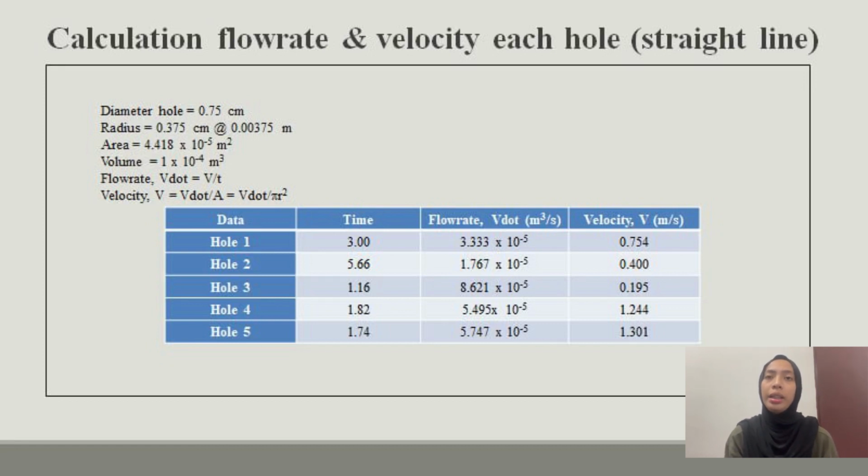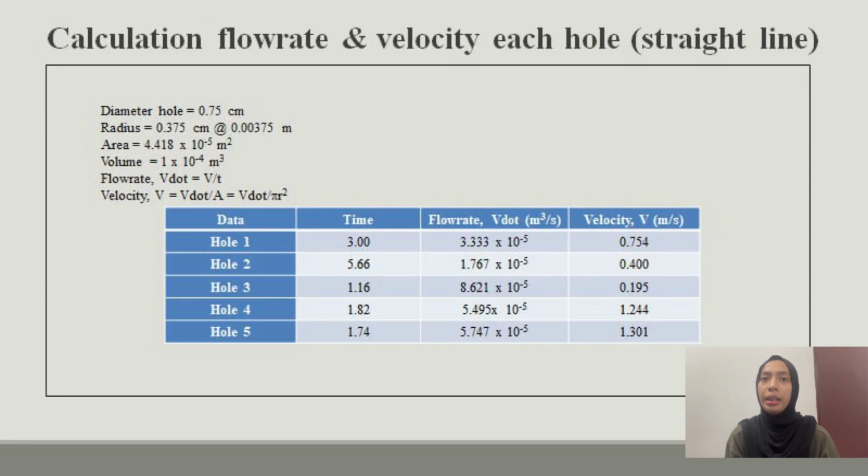So the flow rate is 3.333 times 10 to the power of negative 5 meter cube per second, and the velocity is 0.754 meter per second.